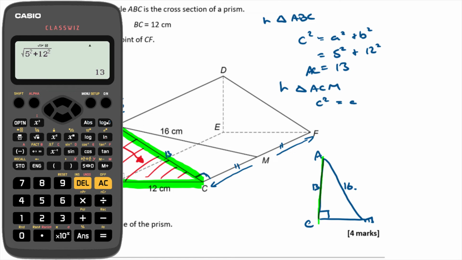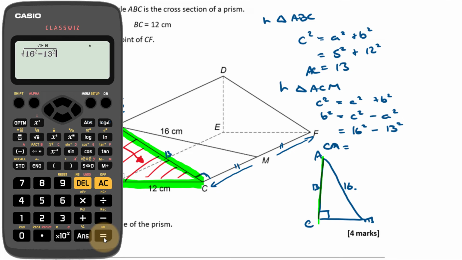So if c squared equals a squared plus b squared, then b squared is going to be c squared minus a squared. It's going to be the long side squared, take off the shorter side squared. So it's going to be 16 squared minus 13 squared. So then CM is going to be the square root of that. So it's going to be the square root of 16 squared minus 13 squared.